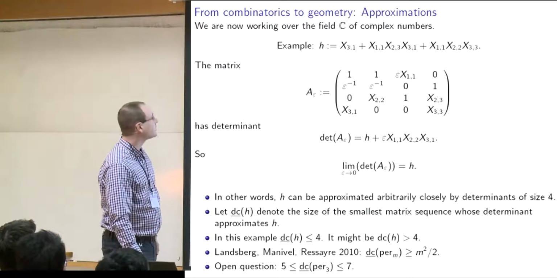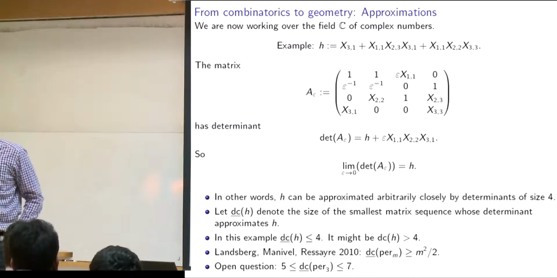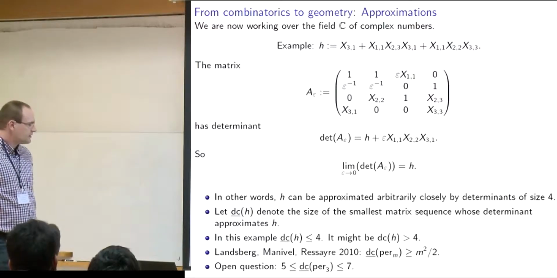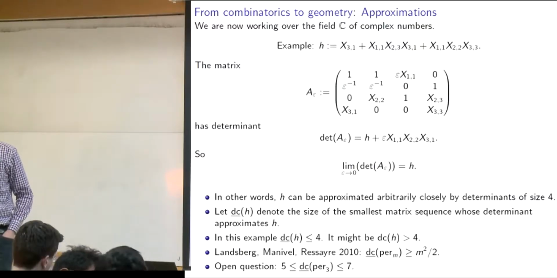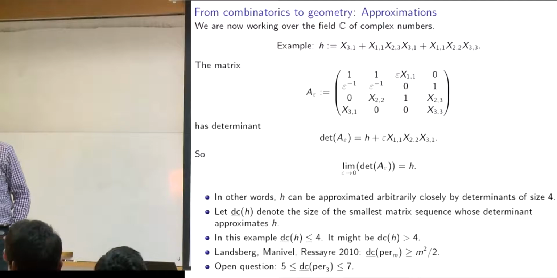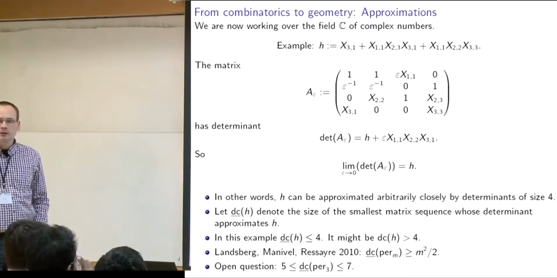First open question. Yes. So the Mignon-Ressayre lower bound is also a rank of the Hessian, right? So why does that not give a DC bar bound? It's a good question.